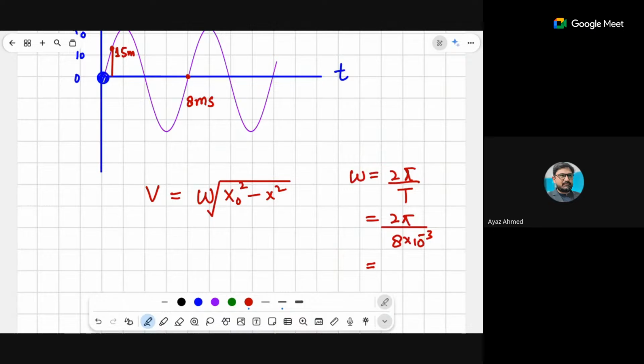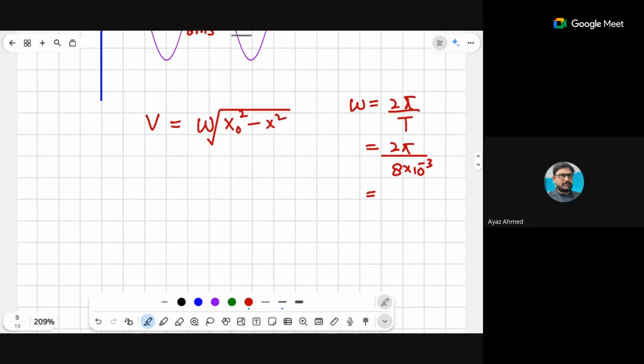Do you have a calculator or should I open mine? What is the answer?